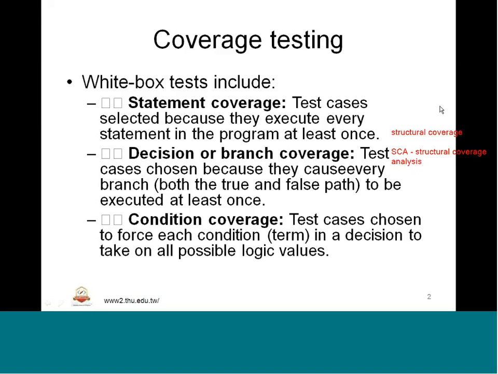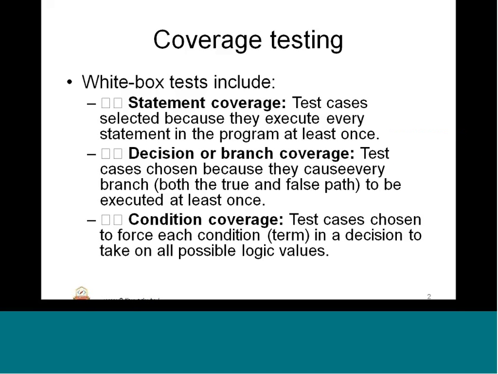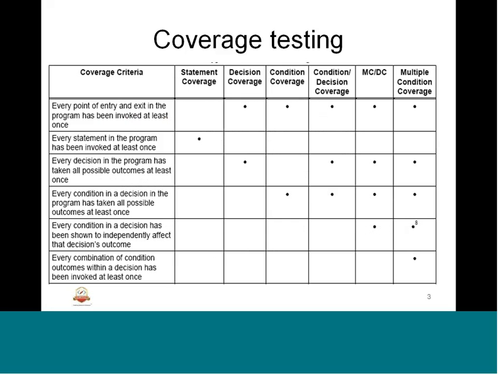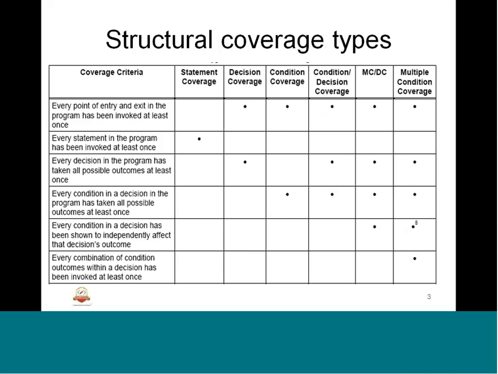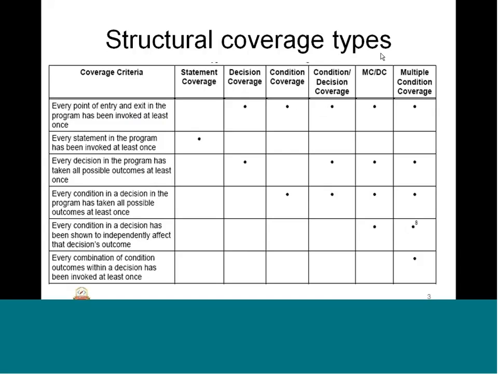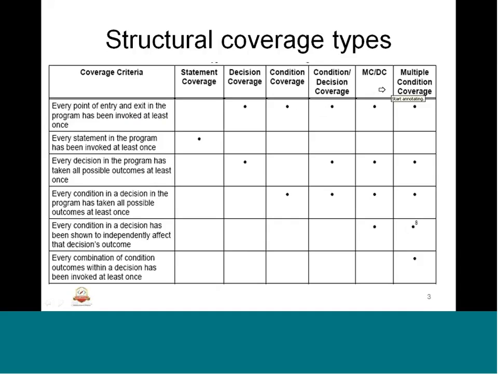You can see different coverages on the right hand side: statement coverage, decision coverage, condition coverage, condition decision coverage, MCDC, modified condition decision coverage, and multiple condition coverage. So what are these, and how are they covered in different types of coverage criteria?